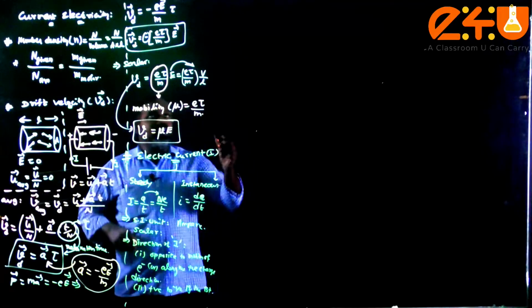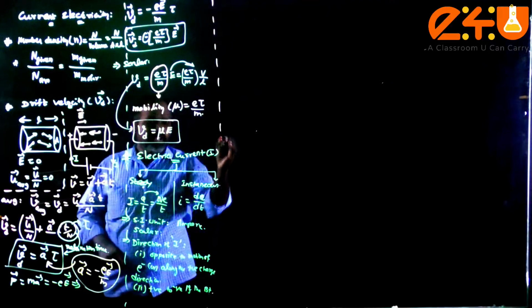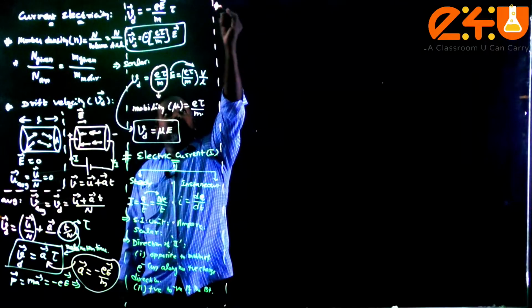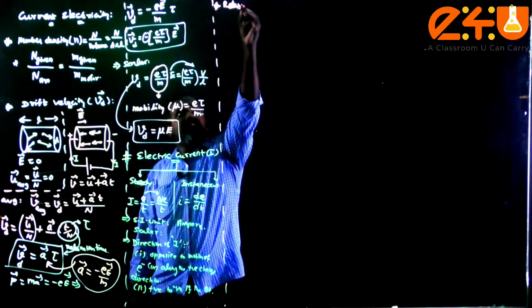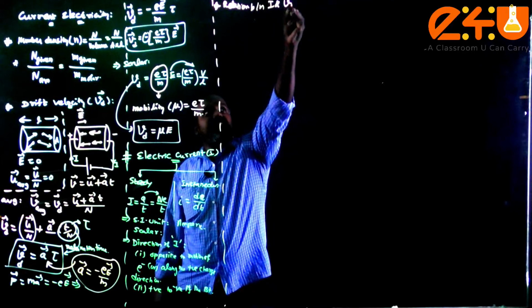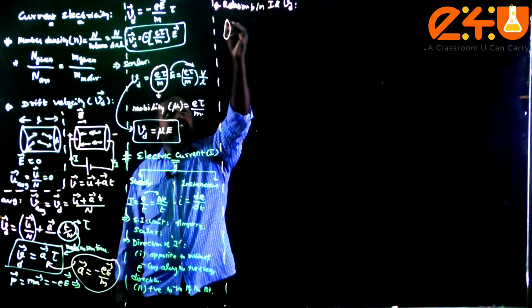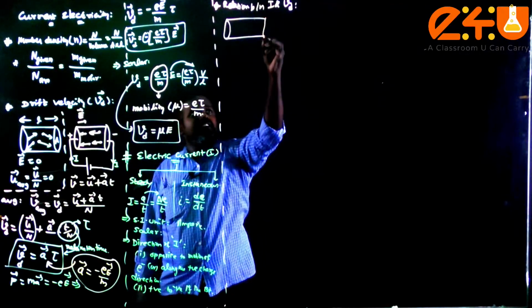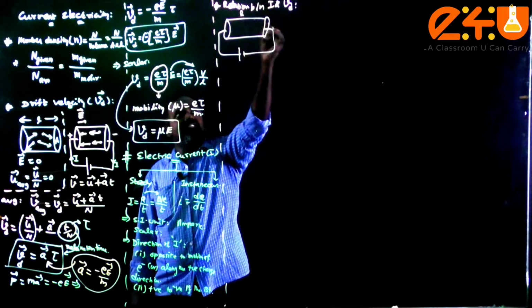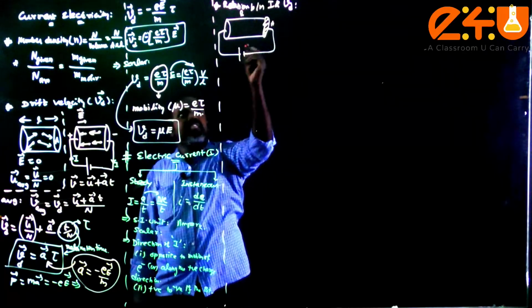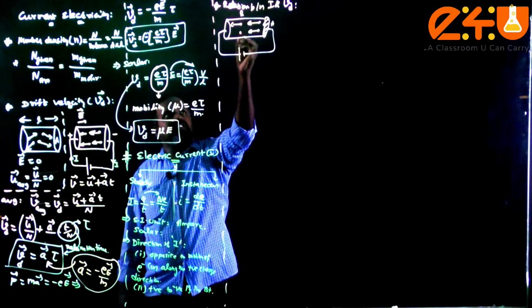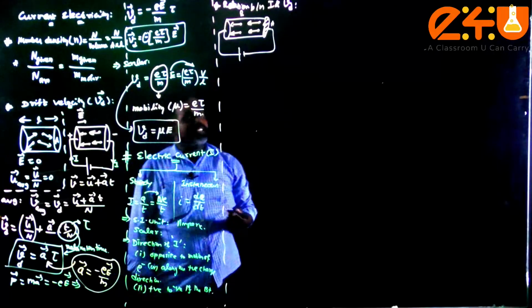Now let us go to another important topic, the relation between current and drift velocity. Let us consider the same conductor of length L, connected with a battery, with area of cross section A. Electrons are moving from the negative end to the positive end with constant velocity Vd.